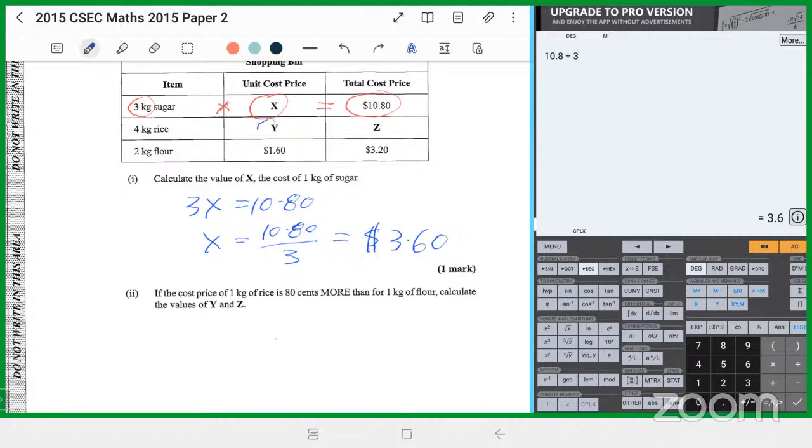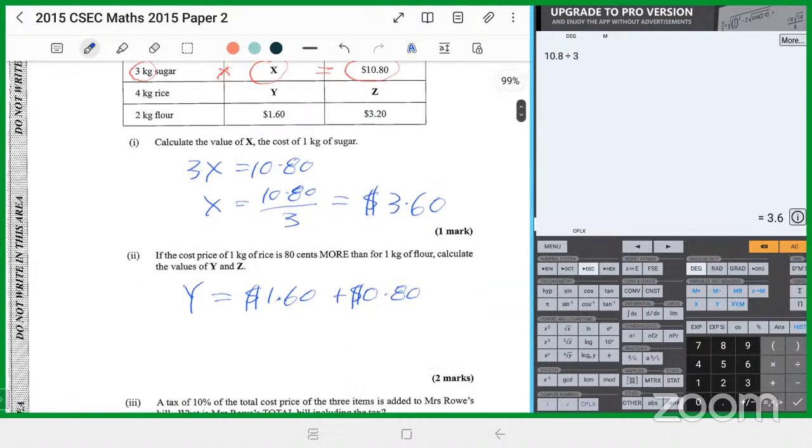So first, the y is going to be the cost of the flour, which is $1.60 plus 80 cents. 80 cents is $0.80. That becomes $2.40. That is the y value.